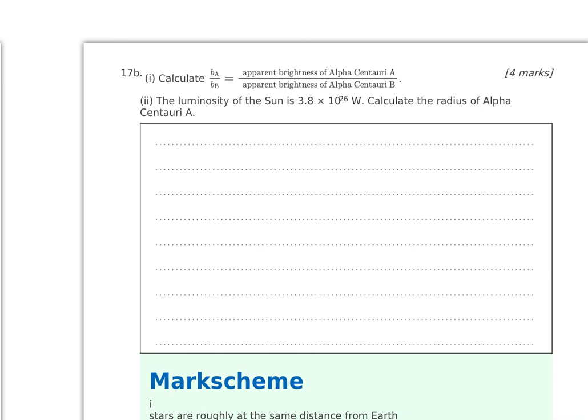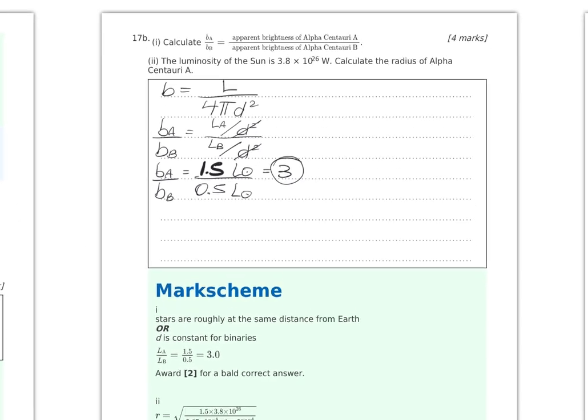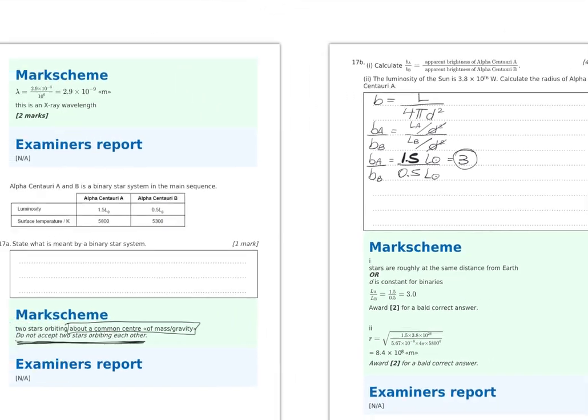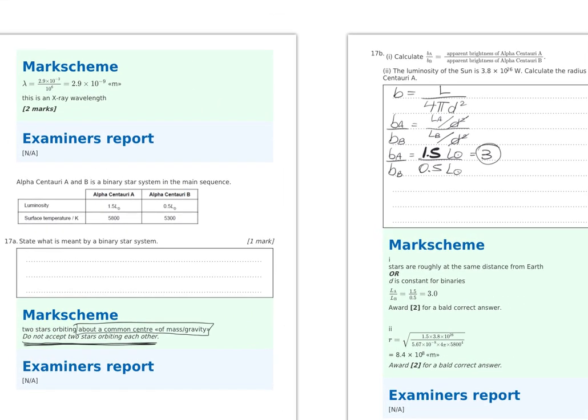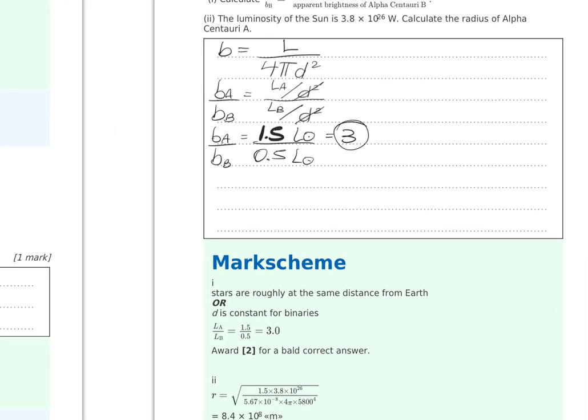Since we're dealing with the binary, the distance also divides out because they both have about the same distance. So the relative apparent brightness ratio is going to be the relative luminosity, and the brightness ratio is 3. They said 3.0. Yeah, they have one significant figure on the luminosity for alpha B, so no, it's just 3.